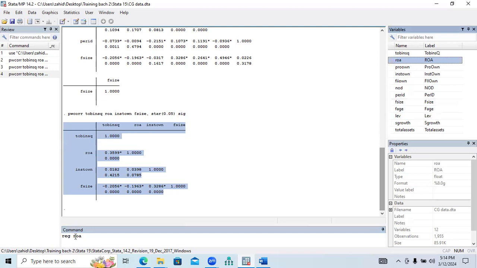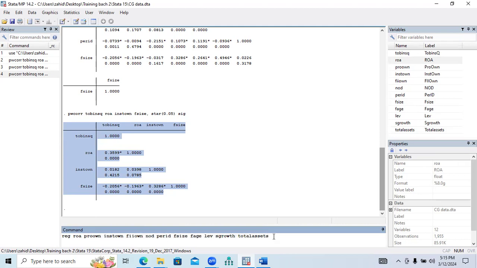First of all, I need to put my dependent variable first. Then I need to put my independent variables one by one like this. I need to click here from the required set of variables. So my first variable is ROA, and all other variables are independent variables.